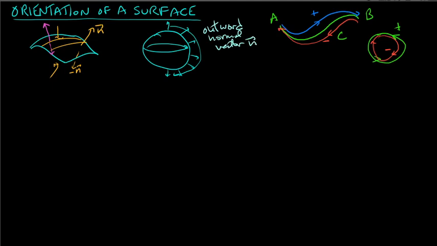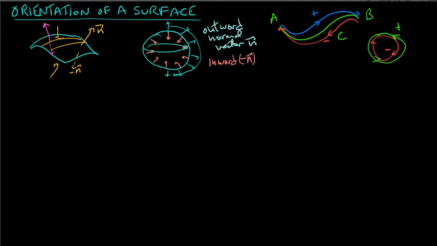Or if you want the negative orientation, you can just go inside the sphere, and these are vectors pointing inward. So that would be the inward normal vector, which would be negative n, right? So that's the opposite orientation.